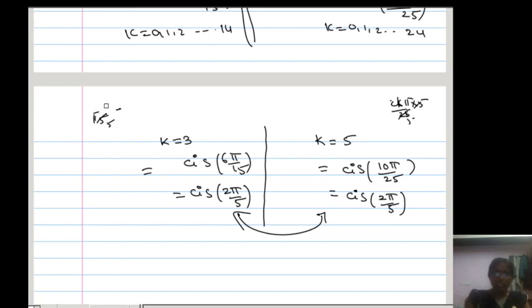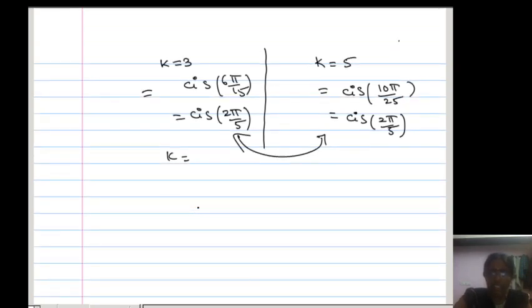Otherwise, the highest common factor is 5, hence you can have 5 common roots. Or do it this way: take k equal to 3, next 6, then k equal to 10.